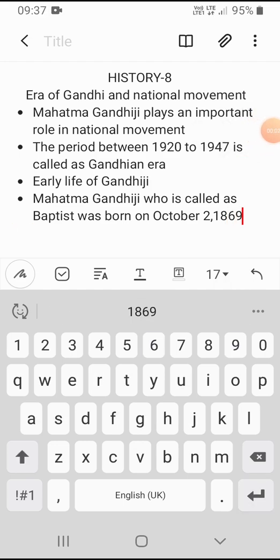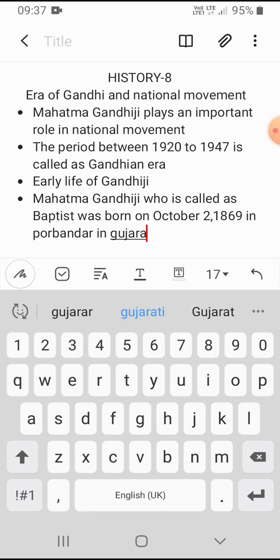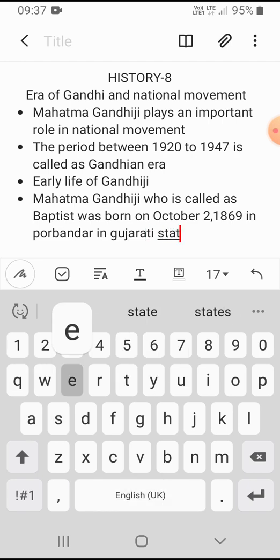Gandhiji was born in Porbandar, in Gujarat state.